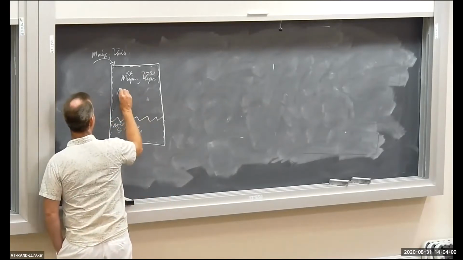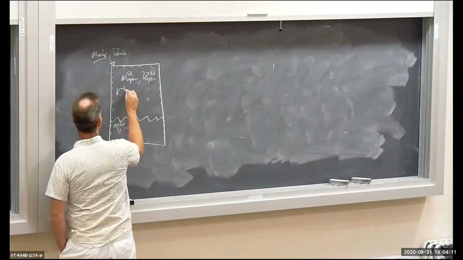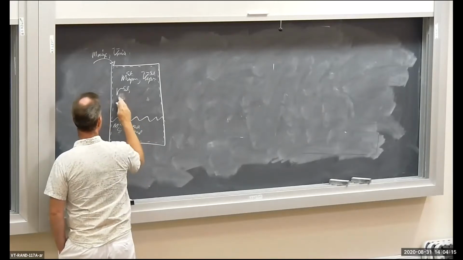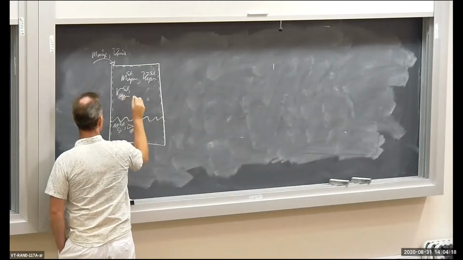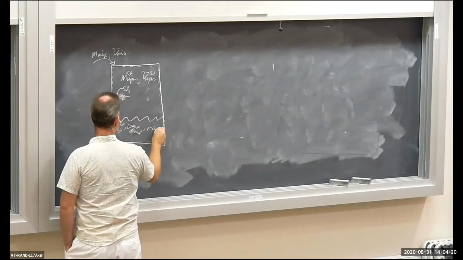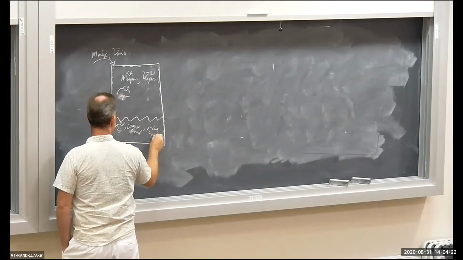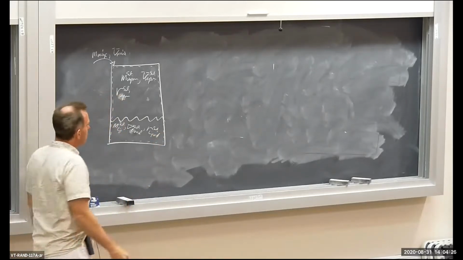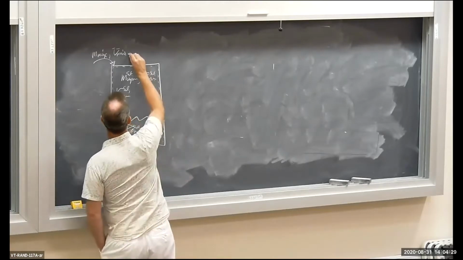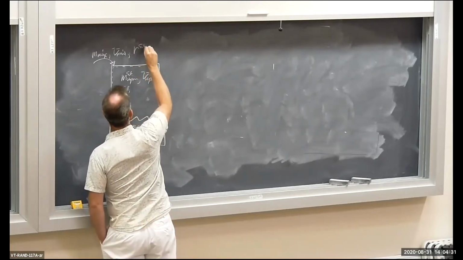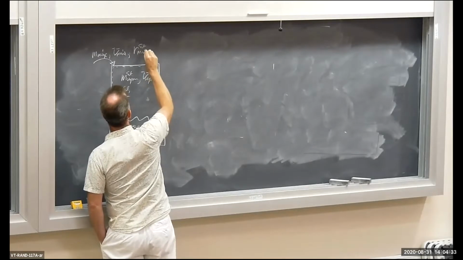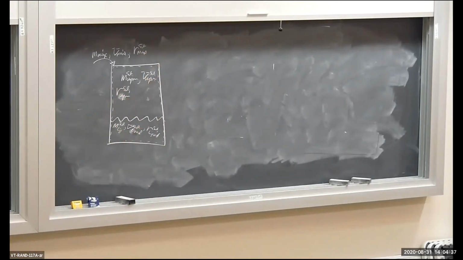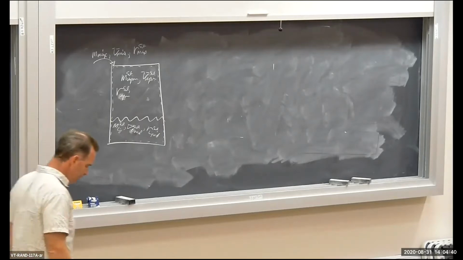So we also have v, lowercase v, for the saturated vapor, and specific volume for the saturated liquid. And the mixture itself has a specific volume, v sat mix. That would be the total mixture volume divided by the total mixture mass.